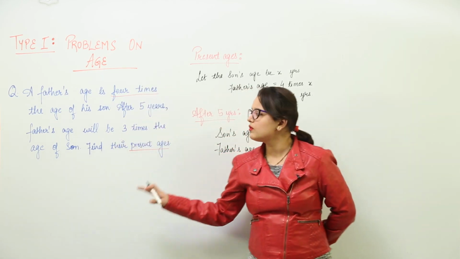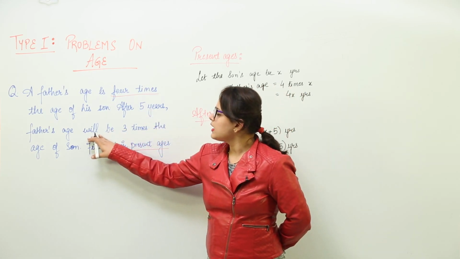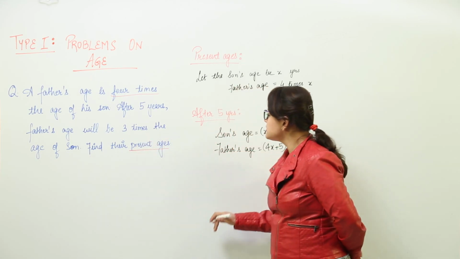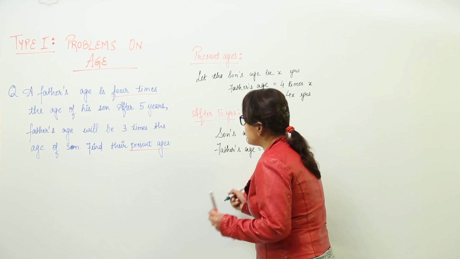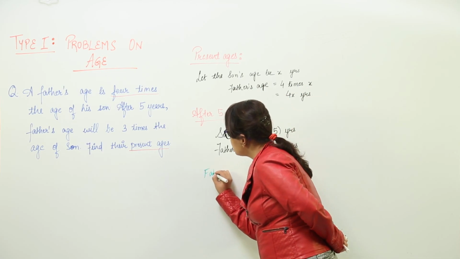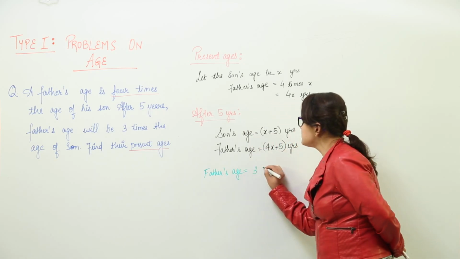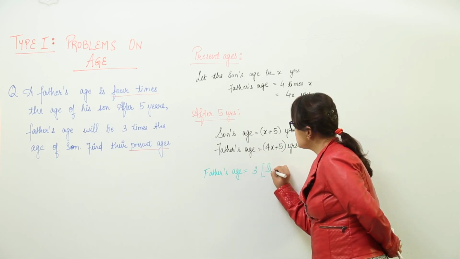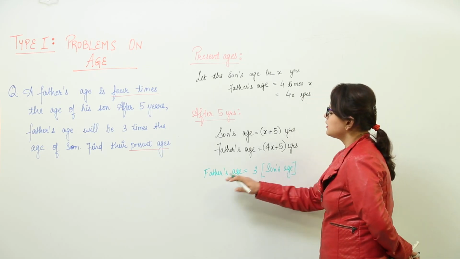Now we have their ages after 5 years. Let us continue the question. They are saying that after 5 years, the father's age will be 3 times the son's age. So, let us write this down. The relation between their ages is that the father's age would be 3 times his son's age after 5 years. Now we place the values for after 5 years.